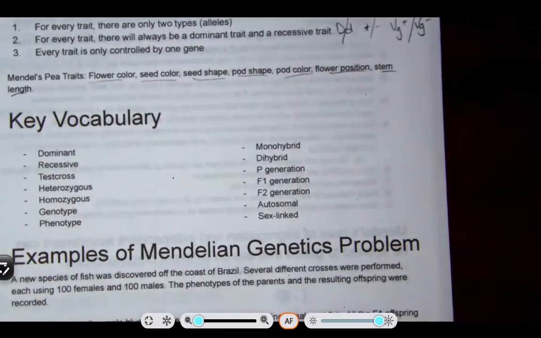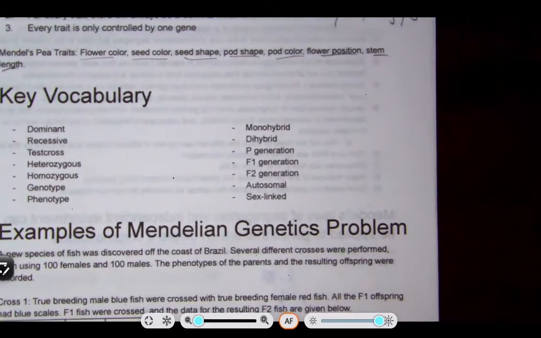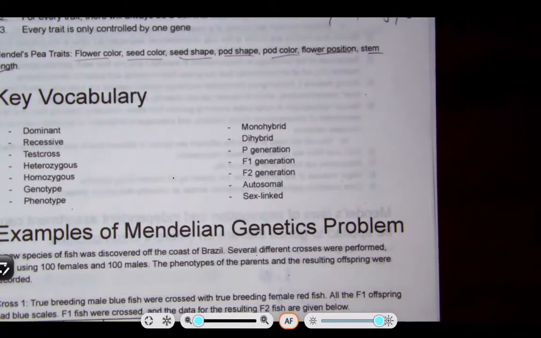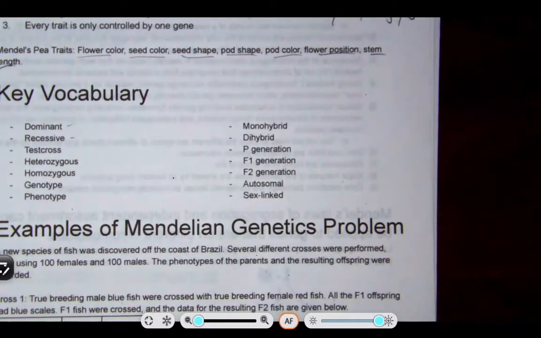They're going to follow just a normal Punnett square. The key vocab for the heredity unit that you might want to have a basic understanding of includes dominant and recessive, where a dominant trait will show up over a recessive trait.